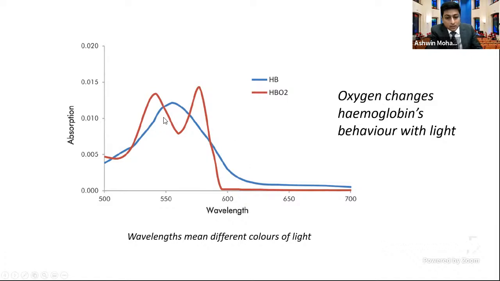We can see that there are certain points where the red and the blue line cross. This means that oxygenated and deoxygenated hemoglobin absorb an equal amount of light, but there are points where they are completely different. Here the absorption is totally different, and this is the basic principle where, based on this difference of brightness, we calculate how much oxygen there is in the blood.